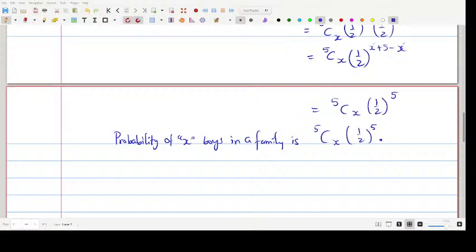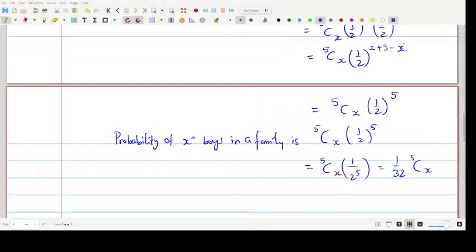Some of us might be comfortable simplifying this further: half to the power 5 would be 1 by 2 to the power 5, which would give us 1 by 32 multiplied by 5Cx, right? So this is the probability that there are x boys in a family.